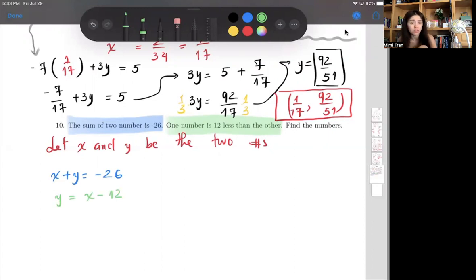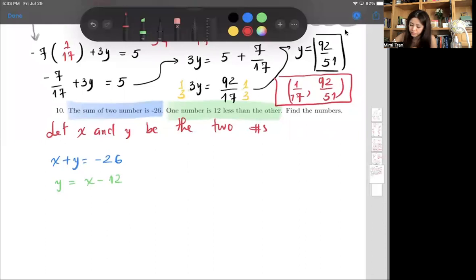Because y is smaller, that means 12 units smaller, so x minus 12. And now you solve. Substitution. Right, so it's going to be x plus what? Instead of y, it's going to be x minus 12. That's y, right? Equal negative 26.